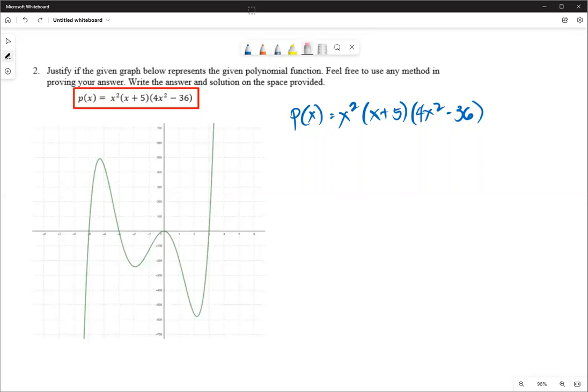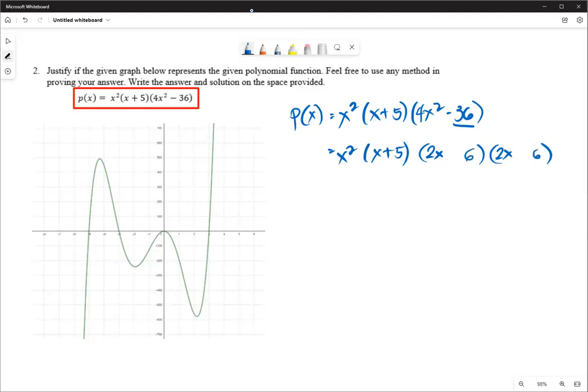Try to factor 4x squared minus 36. So this will become x squared times x plus 5. And 4x squared minus 36 is actually a difference of two squares. So when we factor this out, the factors of 4x squared are 2x and 2x, and the factors of 36 are 6 and 6.